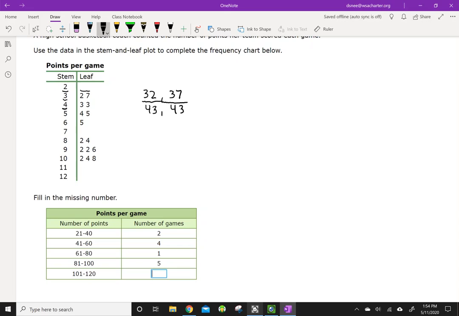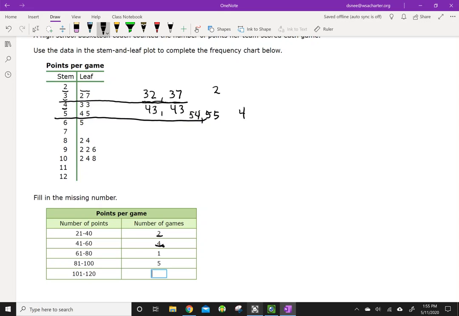And then we go to values between 41 and 60. And those values are going to be in here. And we have a 54 and a 55. So there should be 4 of those. And the frequency table down here confirms we have 2 here and we have 4 here.